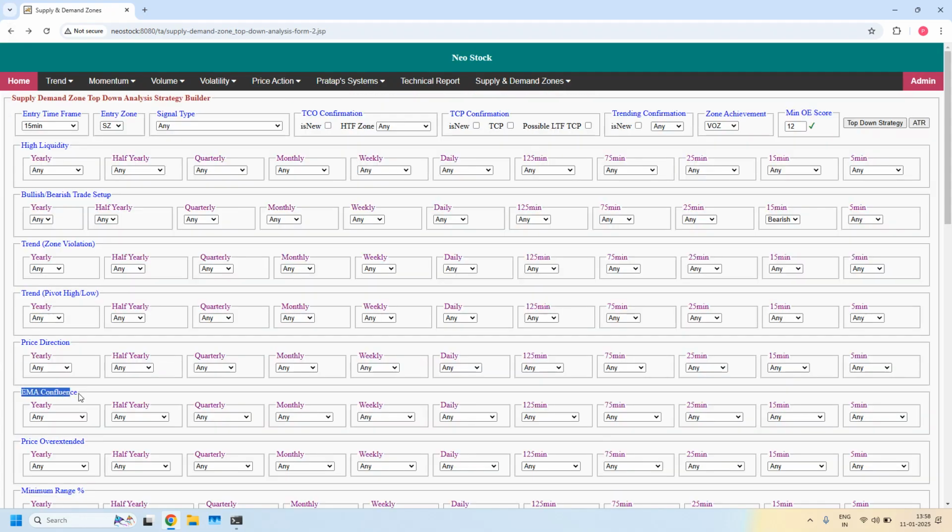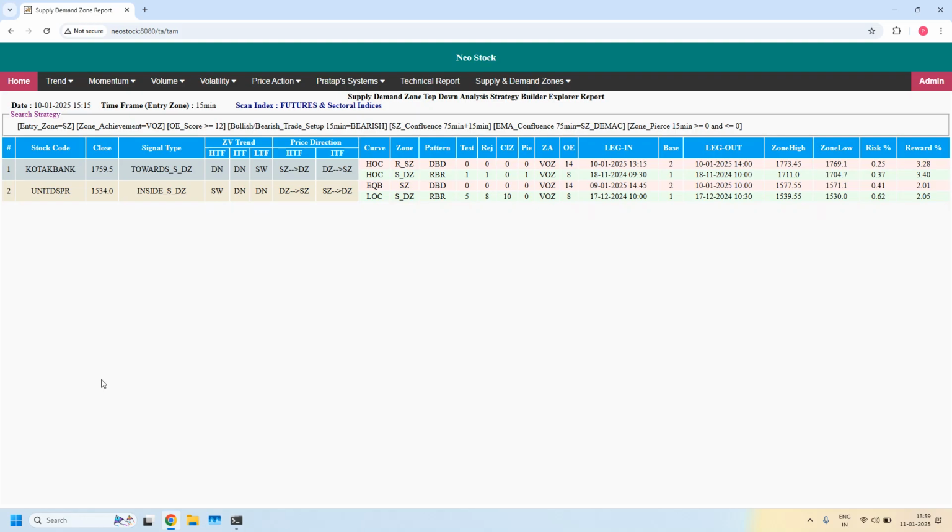In the EMA confluence at 75 minutes time frame, let us look for 75-minute supply zone having daily EMA confluence. With this filter, we got 2 stocks. So these 2 supply zones are even more high probability trade setup supported stocks. Okay, this is based on LTF, ITF and ITF EMA confluence.